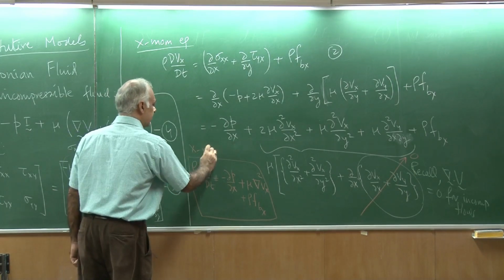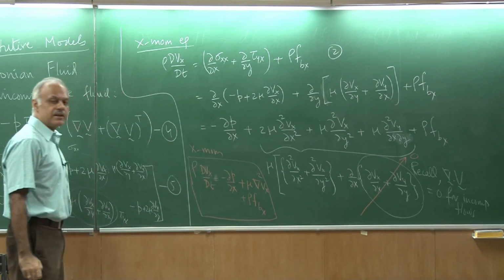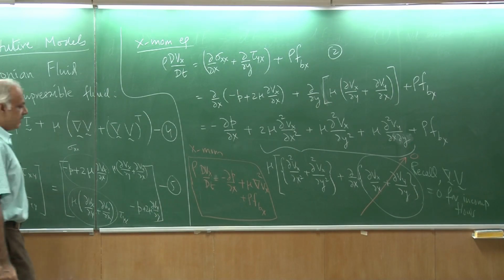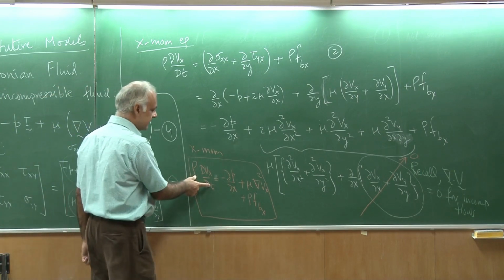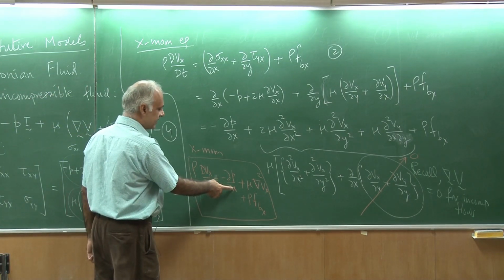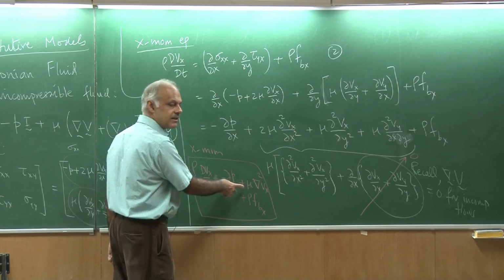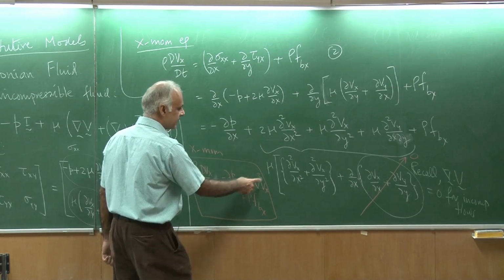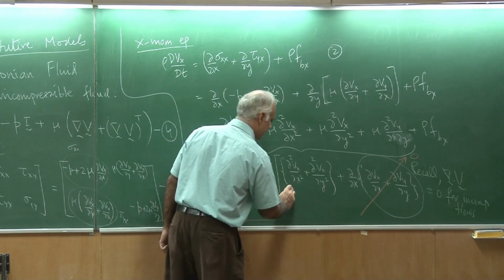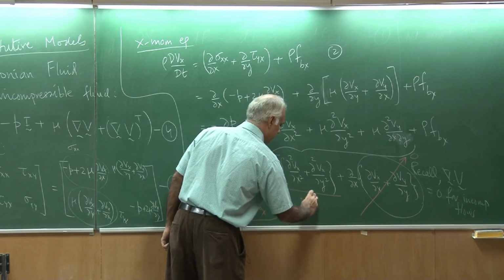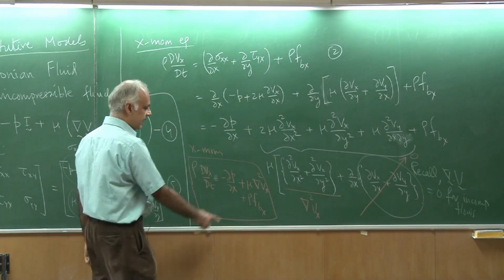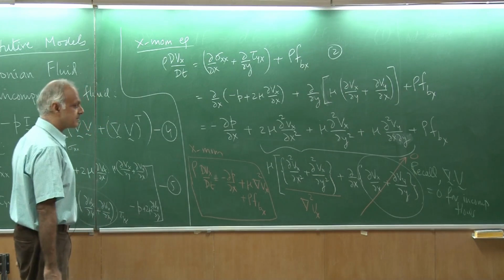So this is my x momentum equation for a Newtonian fluid. Okay. So I've got the acceleration term, I have a pressure gradient term, and then I have a term which has a coefficient of viscosity in it, but that's a Laplacian term. So I'm calling this the Laplacian. And then of course I have the body force.